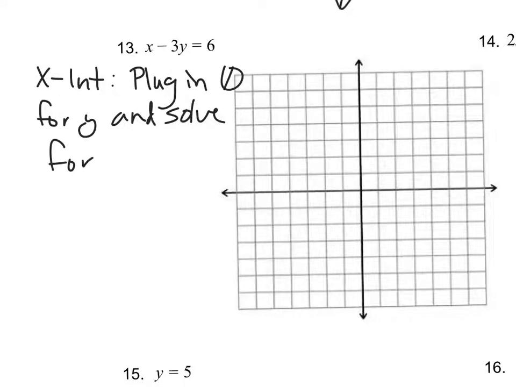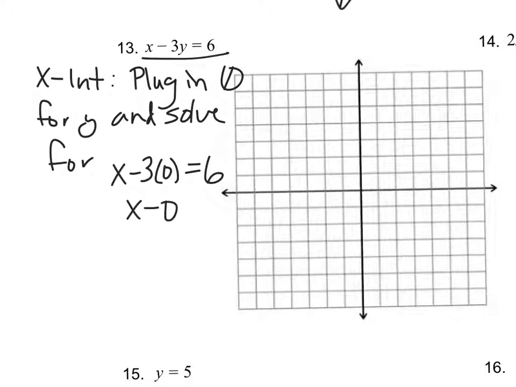So basically I'm saying, well, if y is 0, what is x? So if I take this equation and plug in 0 for y, I get the equation x minus 3 times 0 instead of y equals 6. And so 3 times 0 is 0, so it's x minus 0 is 6, so basically x equals 6.